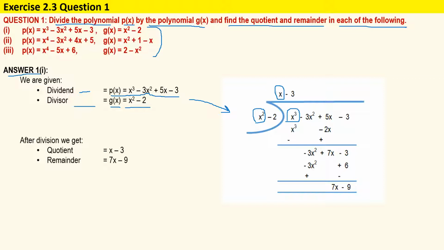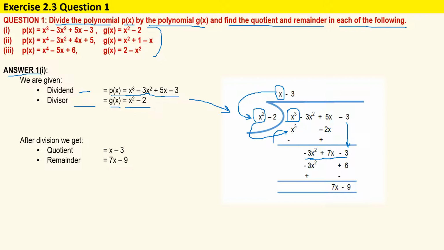Then we multiply this term of the quotient to the entire divisor polynomial, and we get x³ − 2x, because we have multiplied x to the x² − 2. Then we carry out the subtraction, and we get −3x² + 7x, and we drop down the next term, which is −3, and append it to the leftover polynomial.